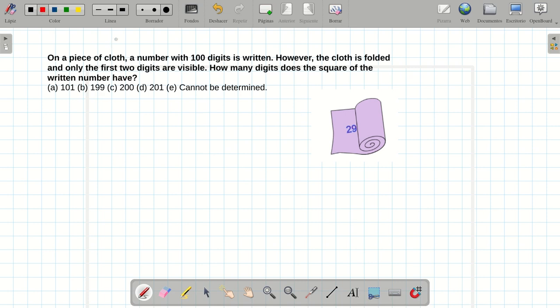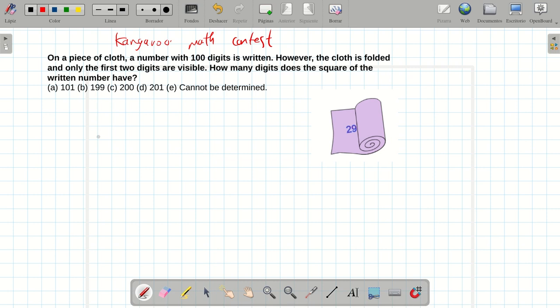Again, this is a Kangaroo math contest problem. Okay, it looks like a very difficult problem, right?